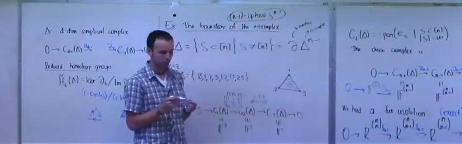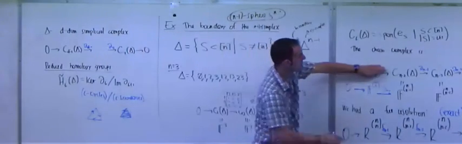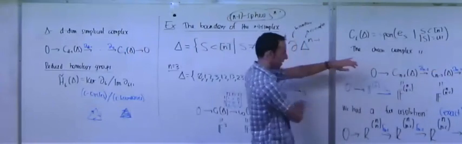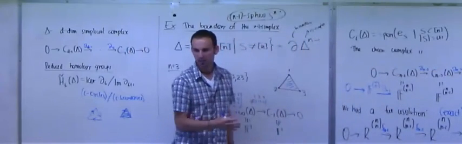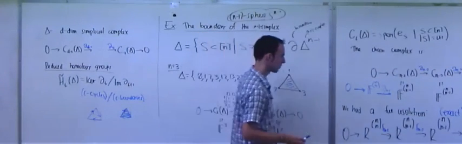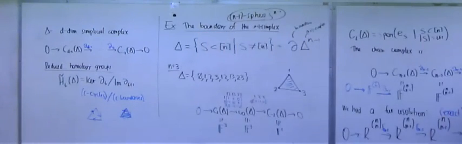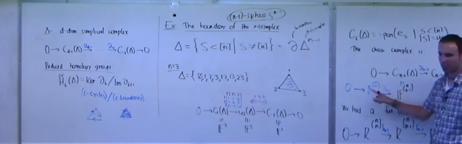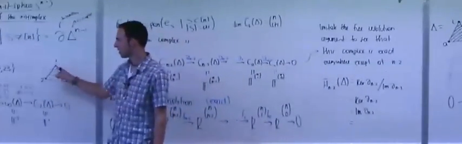And so what I'm doing here is computing the homology of the full simplex. And what I'm saying is that guy is exact, so there's no homology. And so then I get that the image of delta n minus 1 is the boundary of the simplex, which is exactly my whole, right?